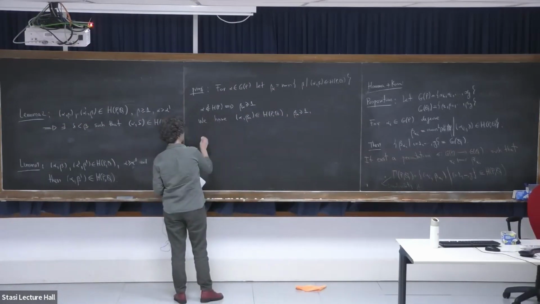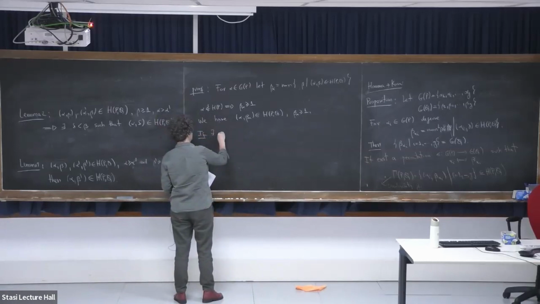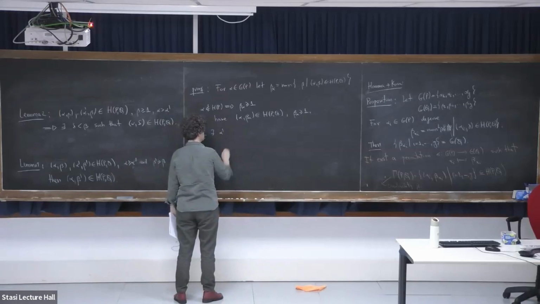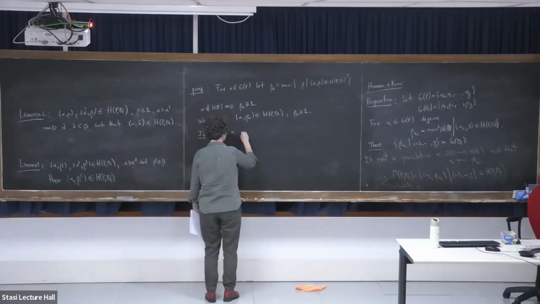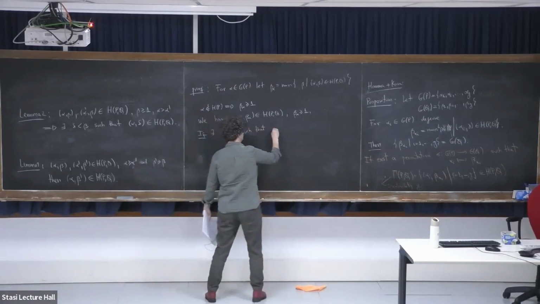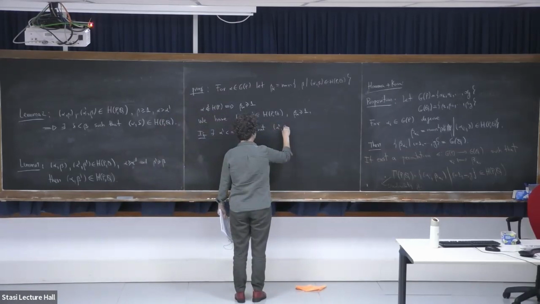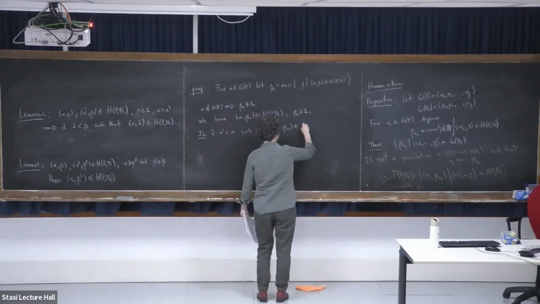Now suppose, what happens if it exists? So this guy is there. Suppose there is a guy smaller than alpha, such that alpha prime beta alpha is also here.